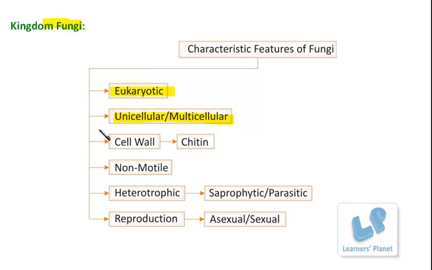So they can have these two phases in their life cycle. Although they begin life as unicellular, they have this property of living as a multicellular colony. Unicellular forms cannot be seen by the naked eye, but multicellular ones can be observed. In detail we will discuss this point further.